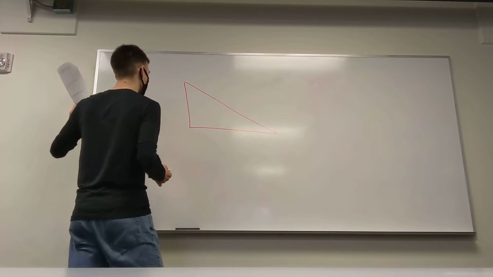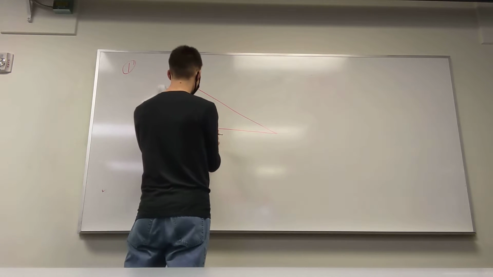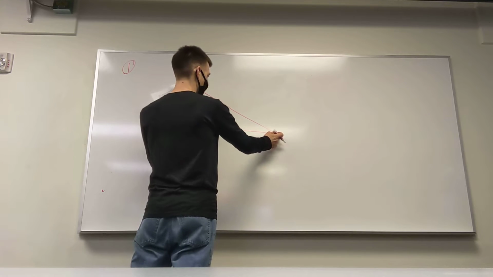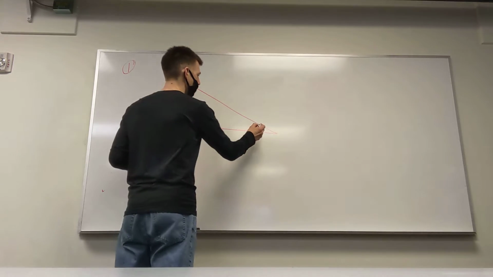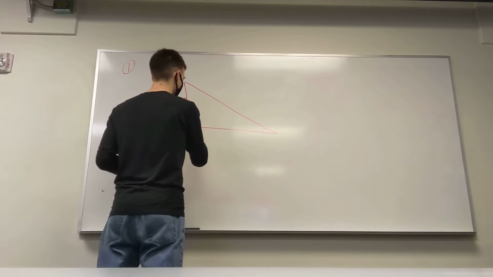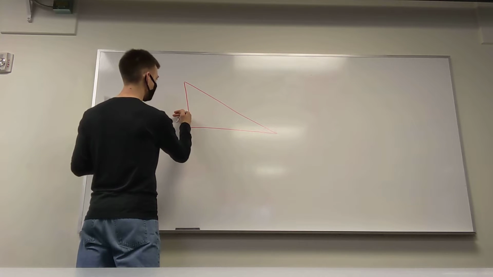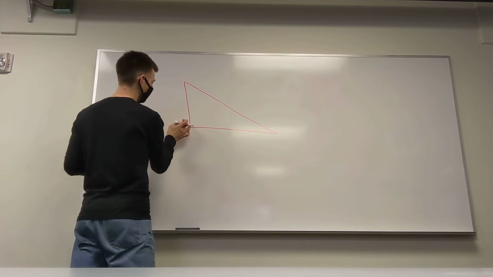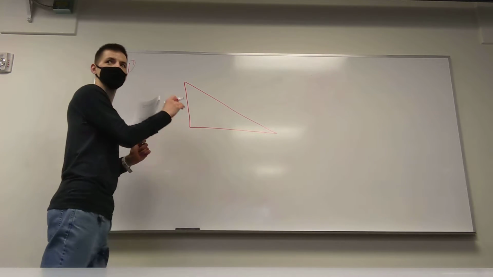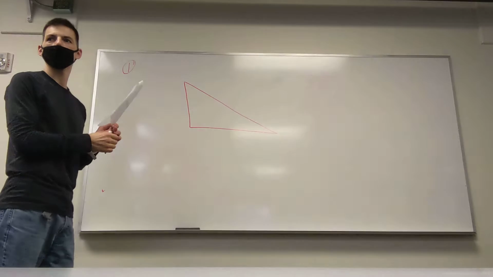Say the sun's over here, it's just casting a shadow from the base of the tree to the end of the shadow, right? Now, I guess technically if this pole tilts far enough and the angle of the sun is low enough, then the shadow could be starting back here somewhere, but just ignore that possibility, right?